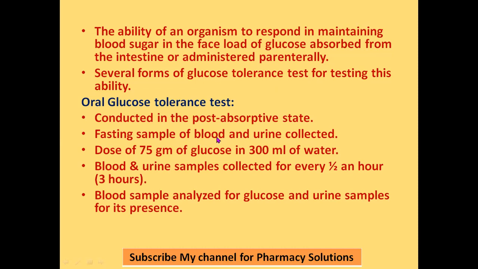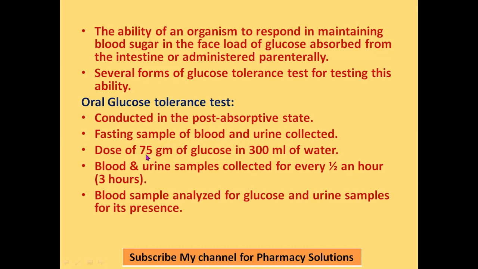The fasting blood sugar level should be in the range of 60 to 90 mg, and there should be no glucose in the urine in the fasting sample.